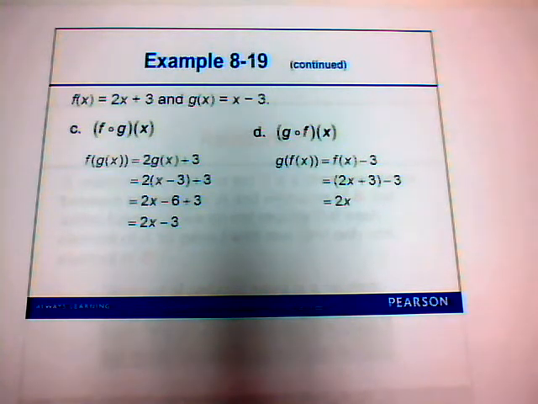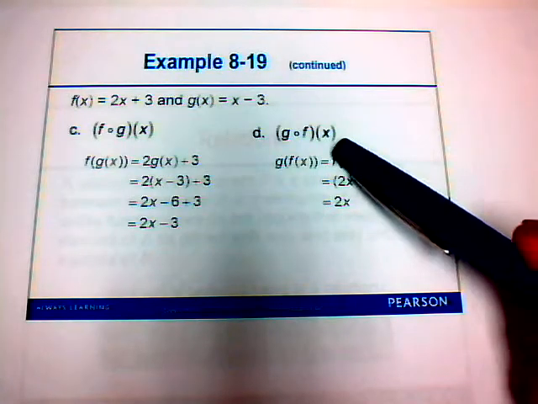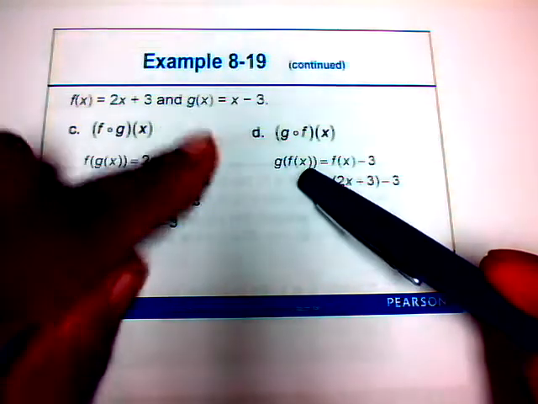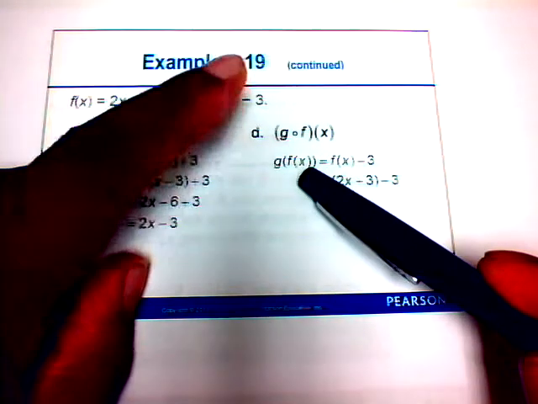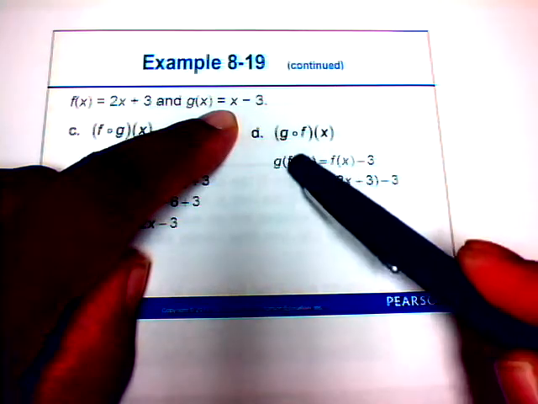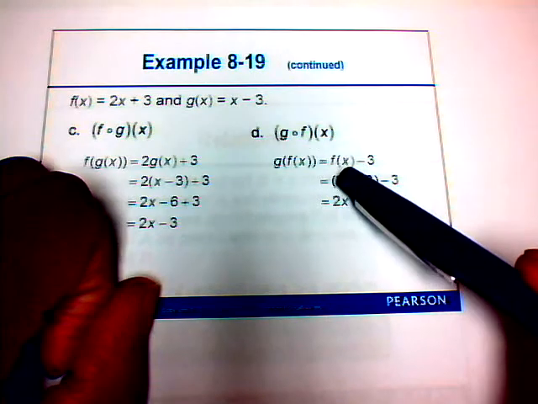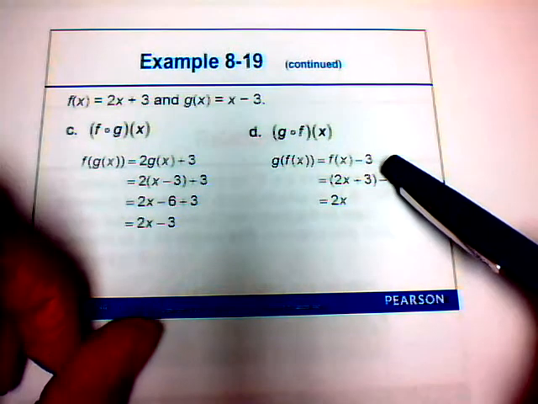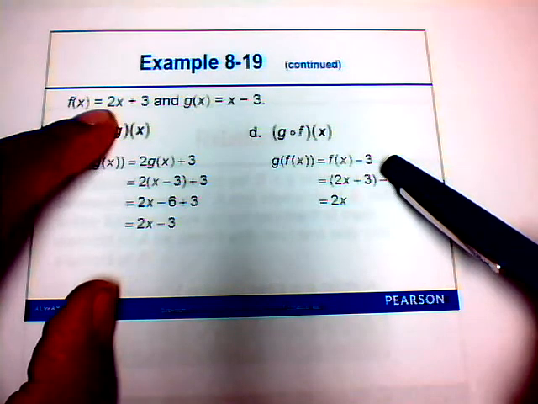Now, we want the composition of g with f of x, which is represented by g of f of x. Well, g of x is x minus 3. That x is going to be replaced with this f of x. So now you have f of x minus 3. But what's f of x in this case? 2x minus 3.